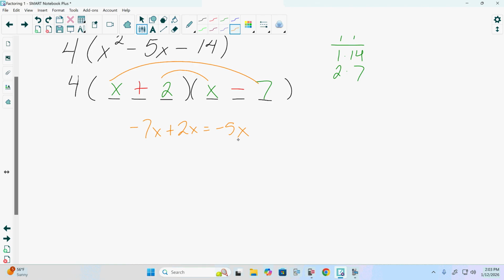Is that the middle term we wanted? Because after we factor out the greatest common factor, we're looking at it, not the number at the start. We aren't looking at negative 20x anymore. We're looking at the negative 5. So 4 times x plus 2 times x minus 7 is our factored form.